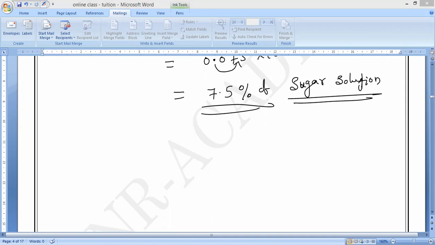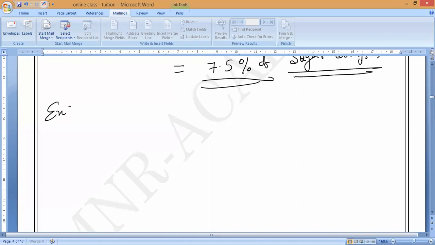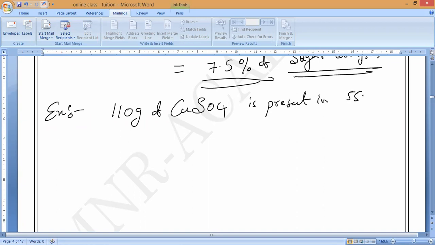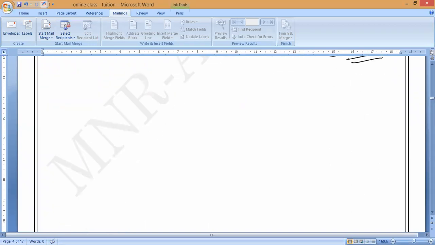If 110 grams of copper sulfate, CuSO4, is dissolved or present in 550 grams of solution, directly here I am giving 550 grams of solution, not water. Do you understand, guys? Solution I have given. Calculate the concentration of the solution.